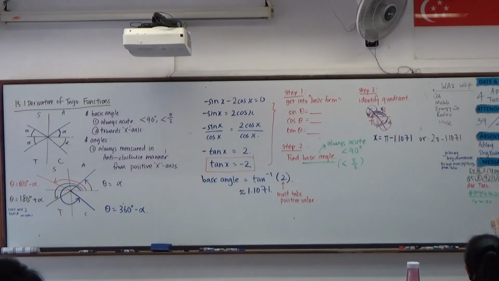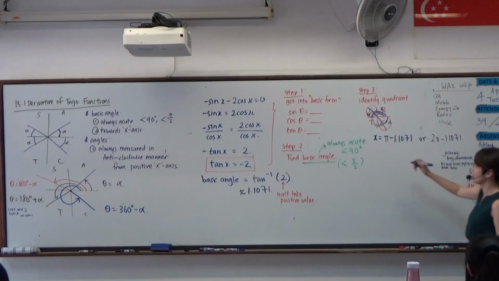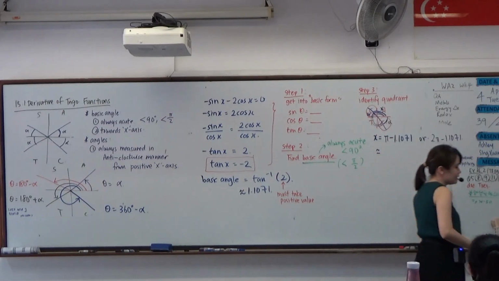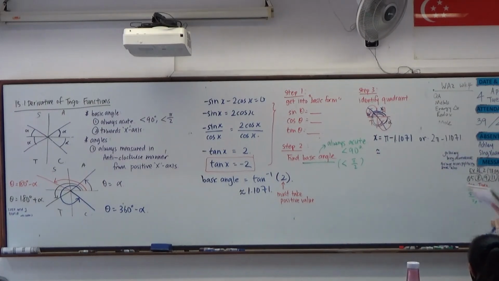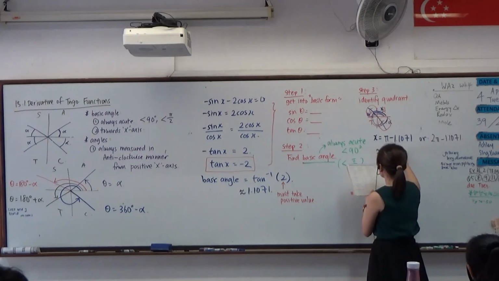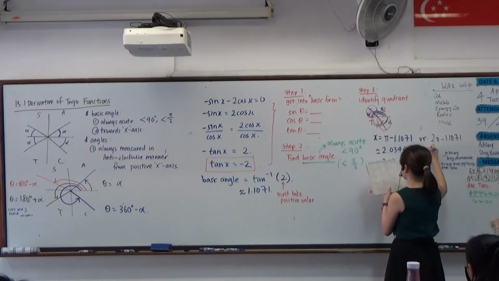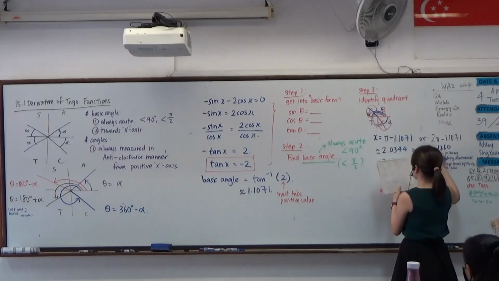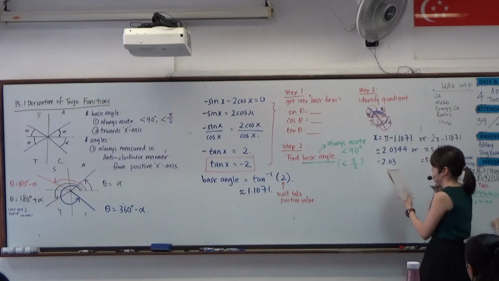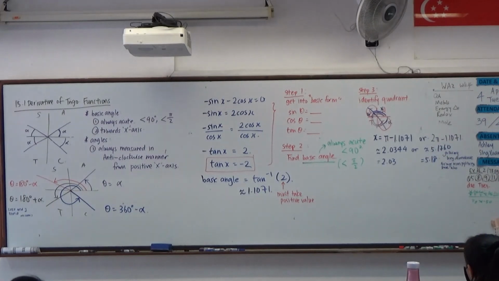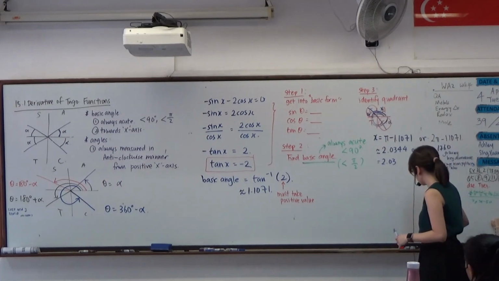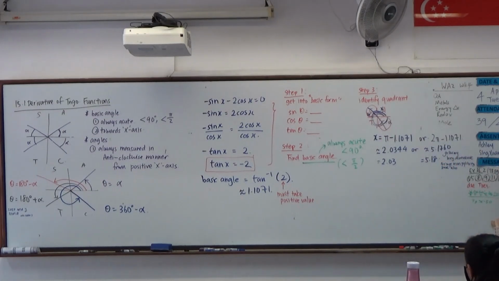So, moving on from here, we can press our calculator, get the values. And we get 2.03 and 5.18. So these are the x values that will result in a stationary point. That answers the question already.